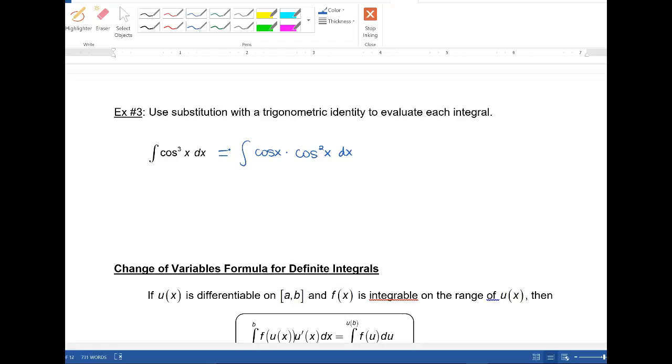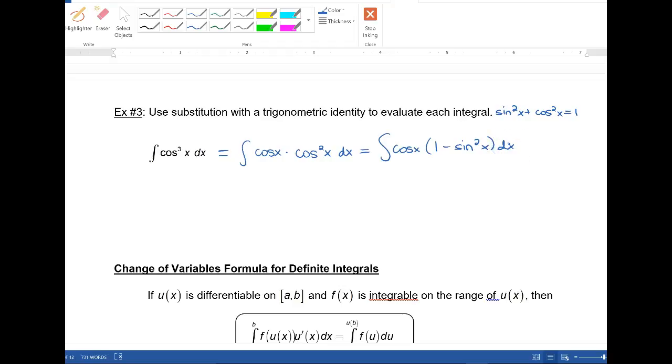And so what we want to do is we want to replace either cosine or cosine squared with something with sine x. You may remember sine squared plus cosine squared equals 1. So I actually can replace cosine squared with 1 minus sine squared.